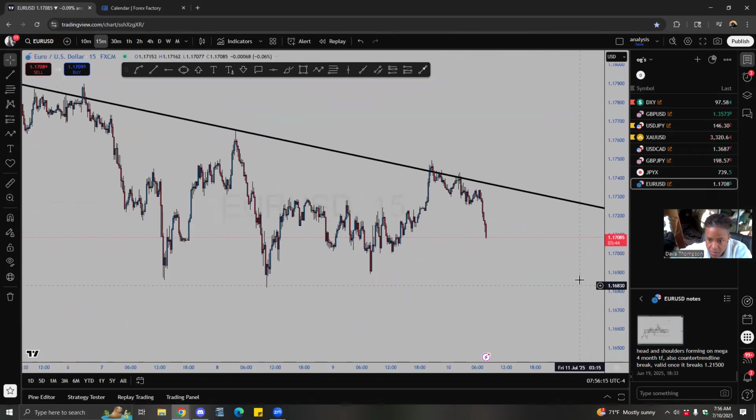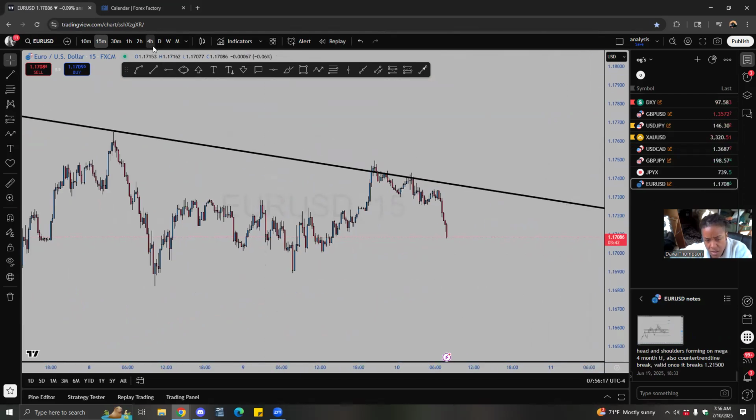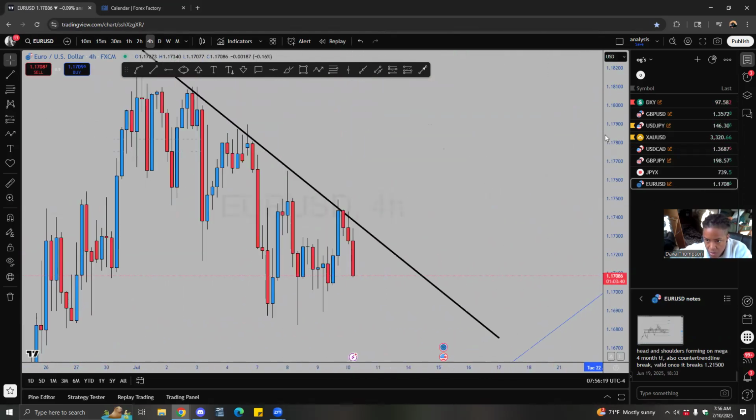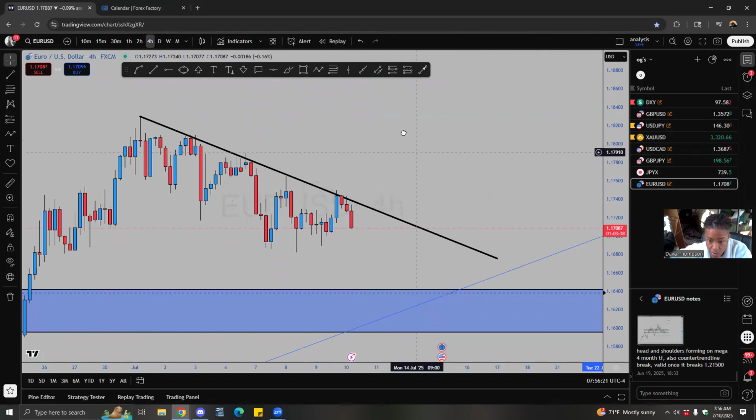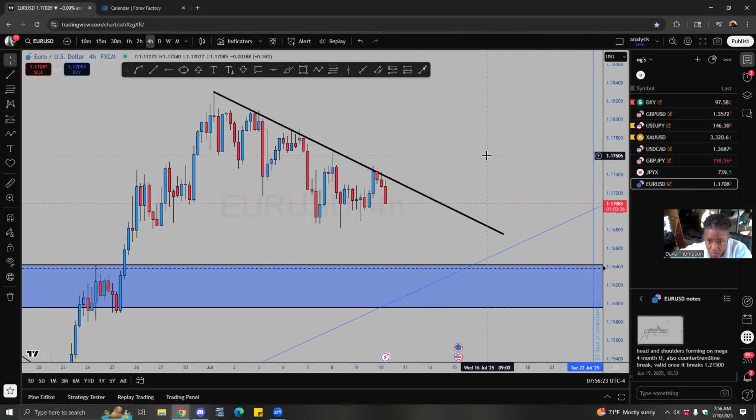EU should fly today. The thing about EU though is that it hasn't broken out of its counter trend line, nor has it even touched the key level. So to me, I know that they work together inversely, but this is a little bit interesting.